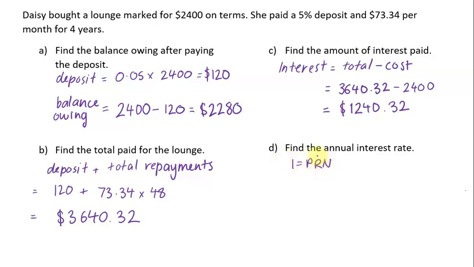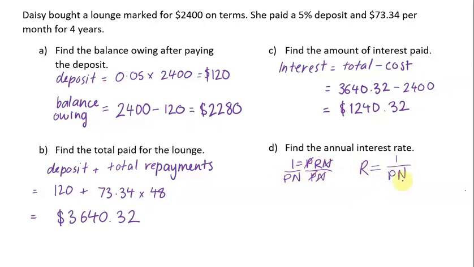If you've already got it rearranged, that's excellent, but just a reminder about how to do that. Because we have P times R times N, if we want to have the rate on its own, we divide by P and N on both sides. On this side, P and P cancel, N and N cancel, and our formula is left at the interest rate equals interest over the principal of the loan times the number of investment periods.